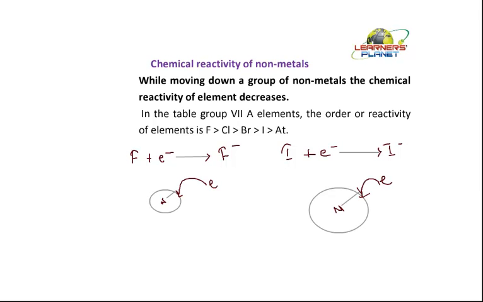Which will form a negative ion faster? Fluorine, whereas iodine will form it the slowest. In the periodic table, for group 7A elements, the order of reactivity is fluorine greater than chlorine greater than bromine, then iodine and then astatine.